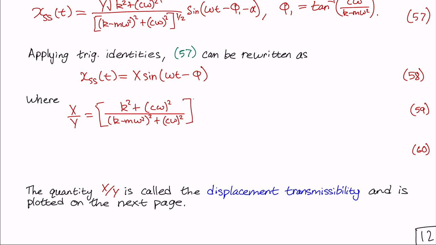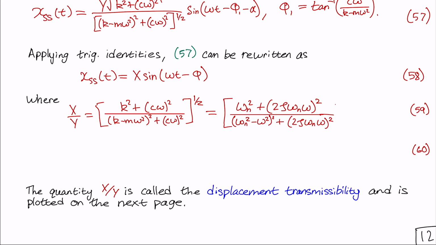All of that raised to the 1/2. And this is then equal to the quantity omega n squared plus the quantity 2 zeta omega n omega squared, divided by the quantity omega n squared minus omega squared, quantity squared, plus the quantity 2 zeta omega n omega squared. All of that under a big square root.